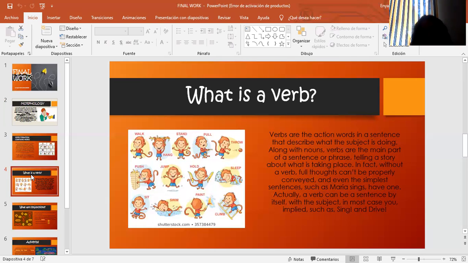And we can find too the irregular verbs, which are those that don't take on the regular spelling patterns of past simple and past participle verbs. Unfortunately, there are hundreds of irregular verbs in the English language, but I think this is not a problem.